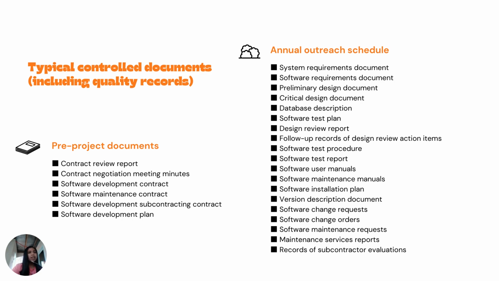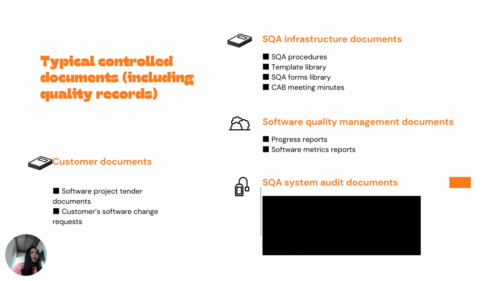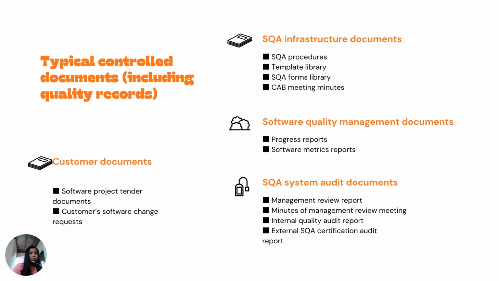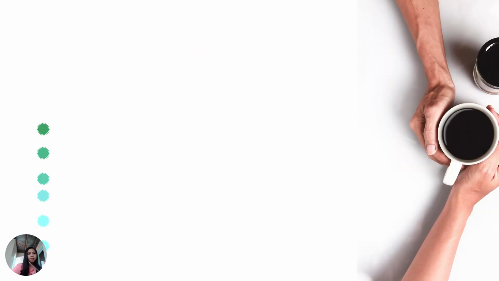So the document types listed here are the typical control documents, including quality records: the pre-project documents, the annual outreach schedule, the customer documents, the SQA infrastructure documents, the software quality management documents, and lastly the SQA system audit documents.